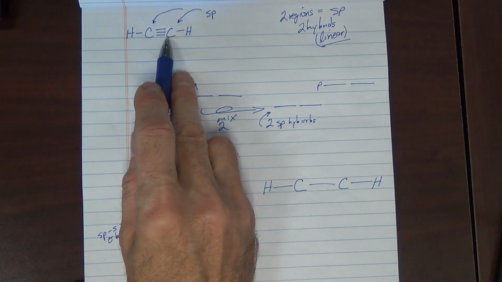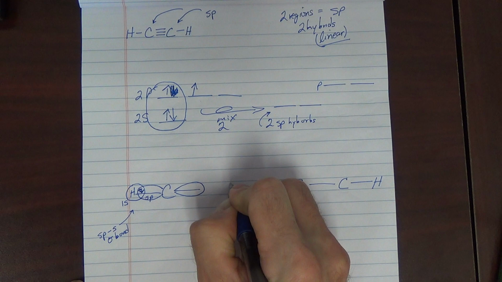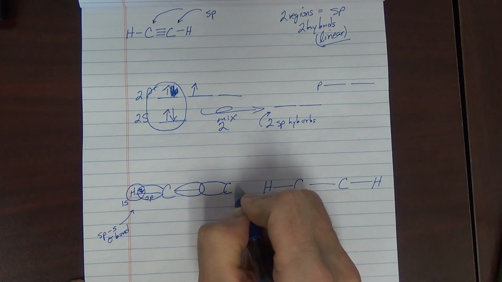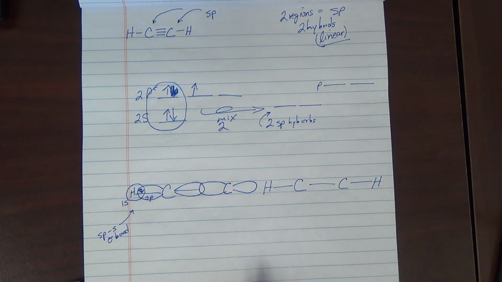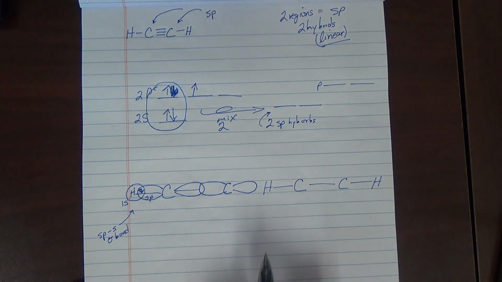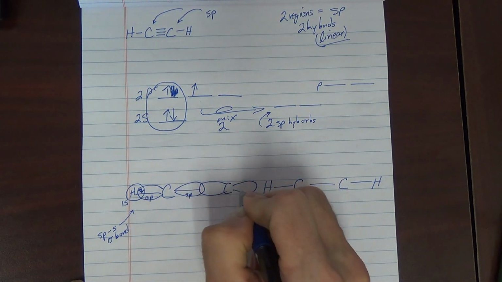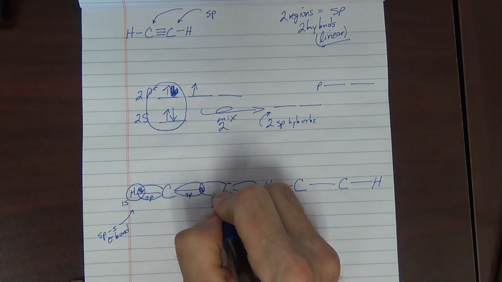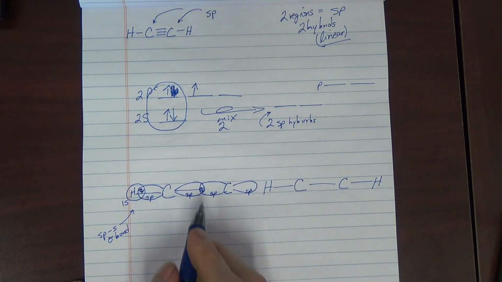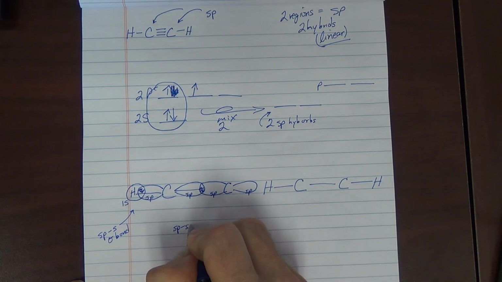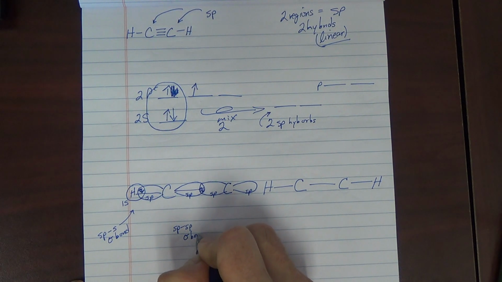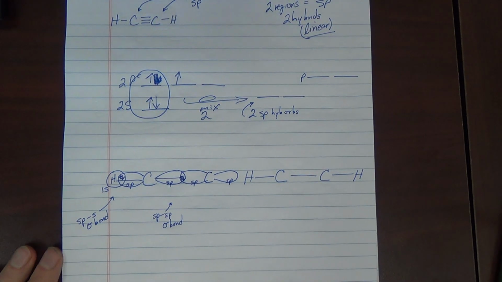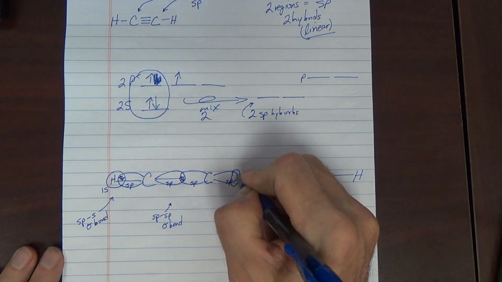Well, this carbon's bonded to another carbon. The carbon's the exact same hybrid. I'm running out of room. sp. One electron from this carbon, one electron from that carbon. Of course, that's sp also. sp, sp, sigma bond. There's an H over here.